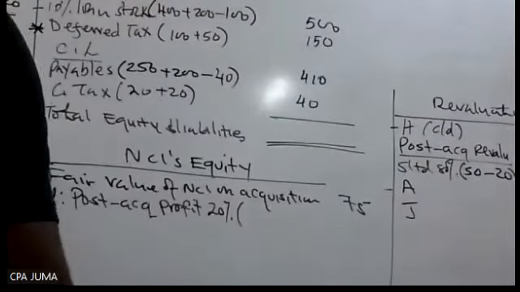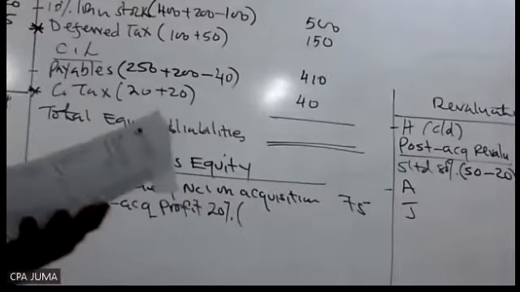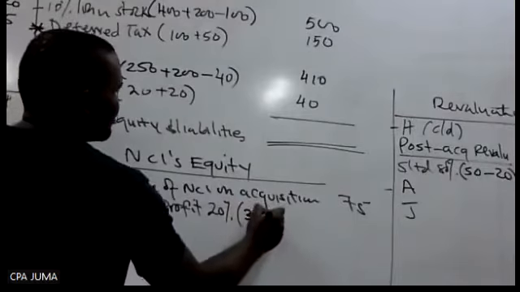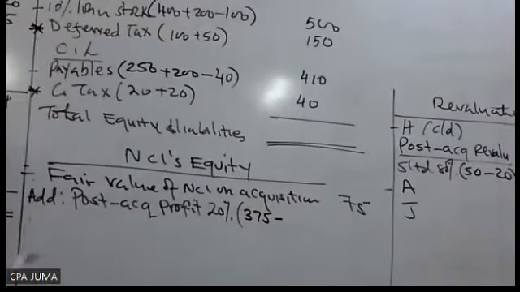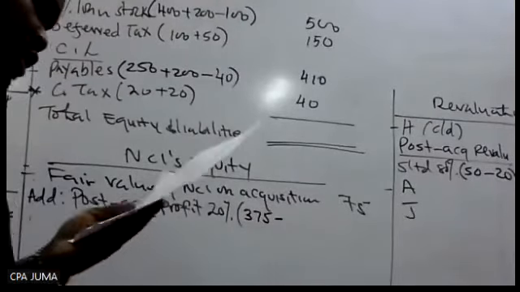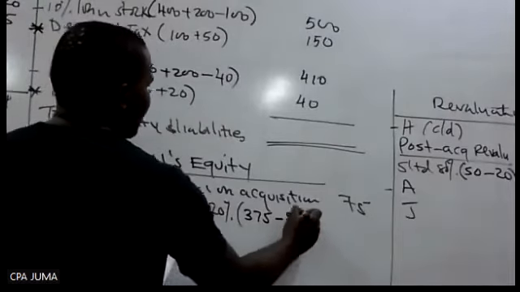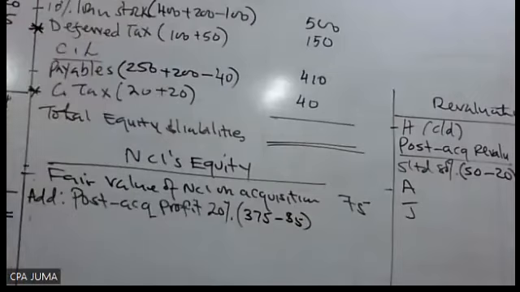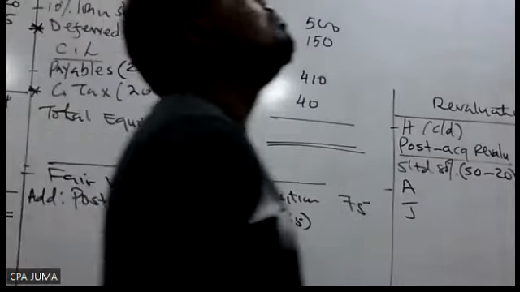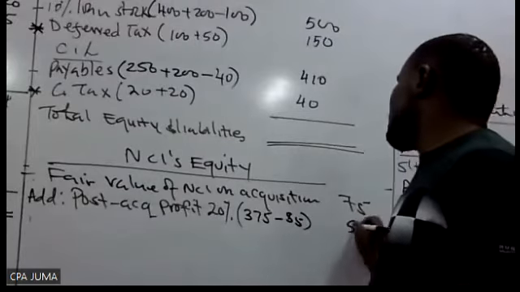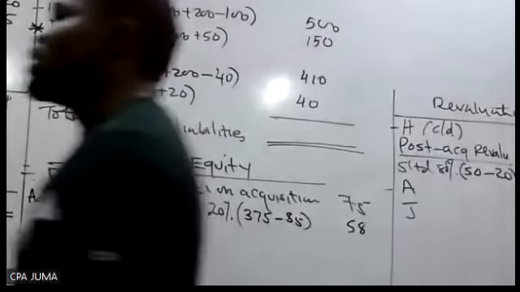So how much is the retained earnings of S? Are you seeing the 375? Minus on acquisition. Retained earnings is 5. Give them 20% of that profit. So 58, top up to them, they are smiling.